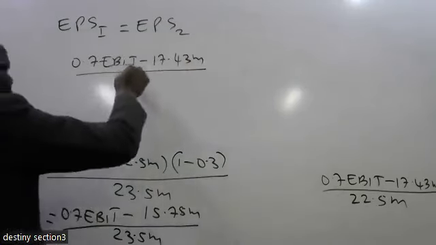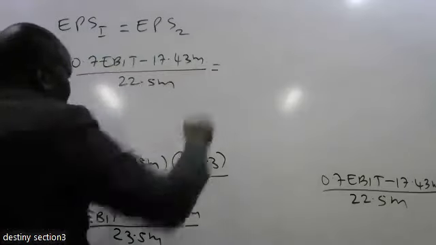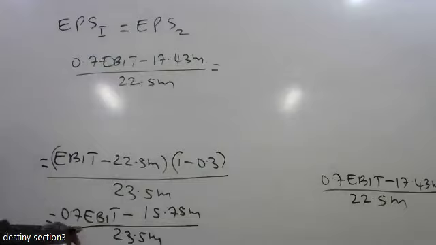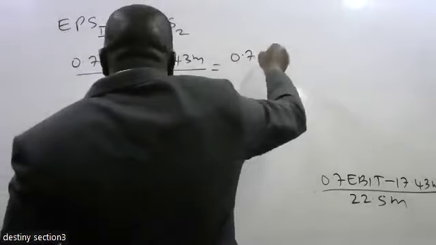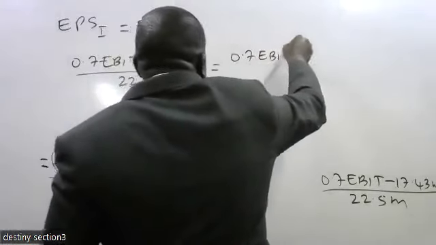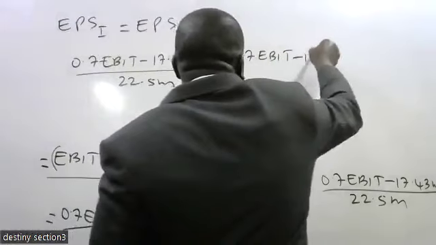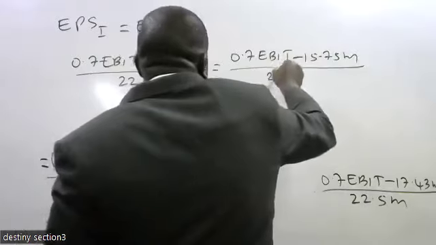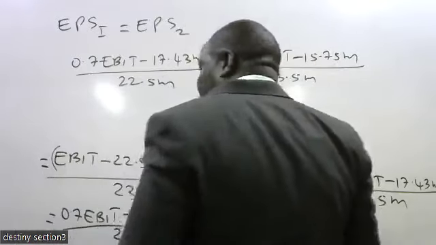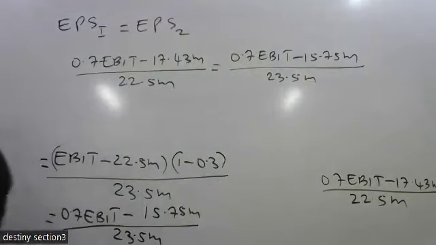Also divide by 22.5 million. Should now be equal to this formula for option 2, which is 0.7 earnings before interest and tax. We also subtract 2.75 million. Then divide by 3.5 million. So we cross multiply and make earnings before interest and tax to be the subject.